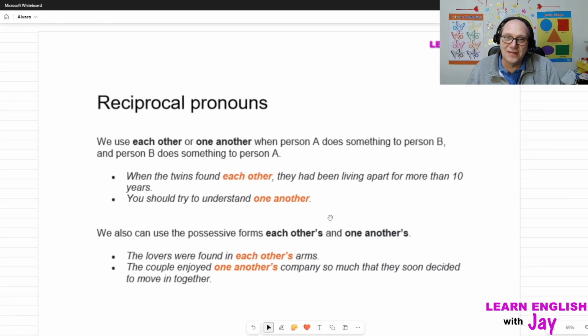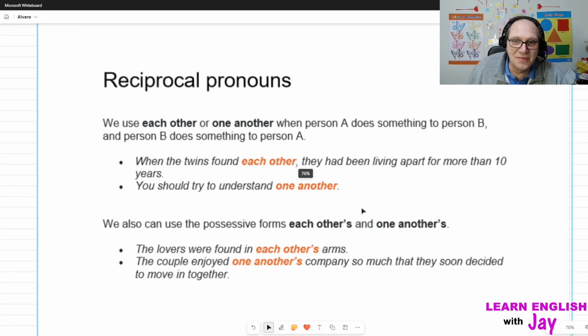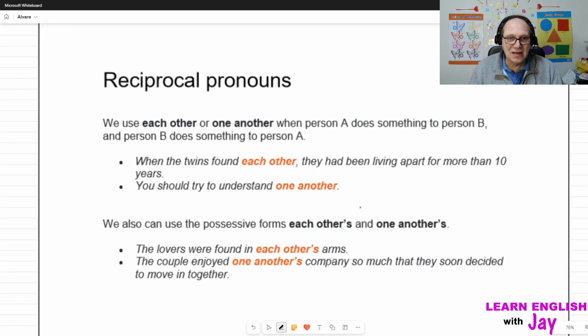Now we are on to reciprocal pronouns. Reciprocal pronouns are used with words like each other, one another.